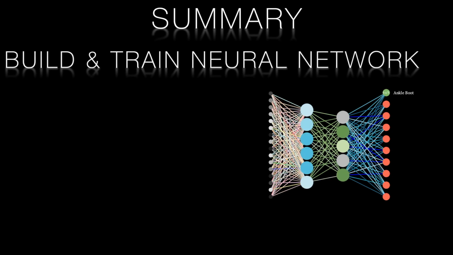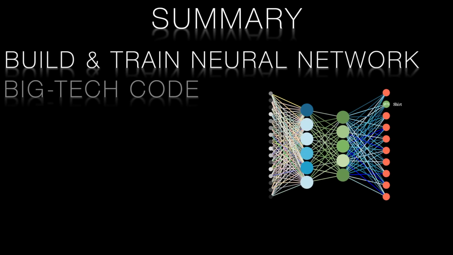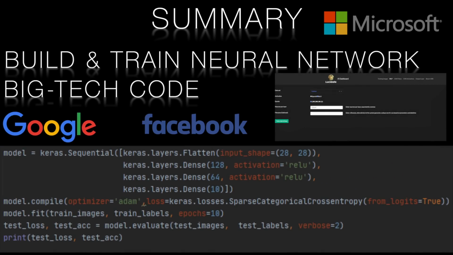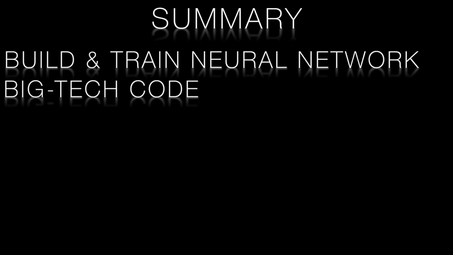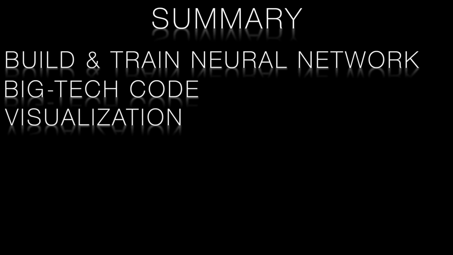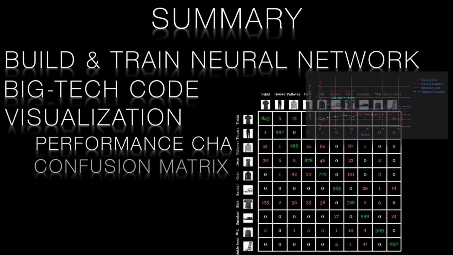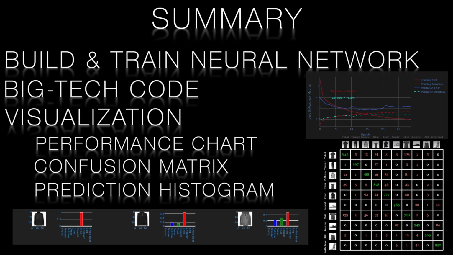This is Richard Walker at Lucidate. In this video, we looked at building and training a neural network to recognize images of clothes. We saw how simple it was to develop AI solutions using the open source libraries of big tech companies. We also looked at 3 examples of visualizations of neural networks: the performance chart, the confusion matrix, and the predictions histogram.